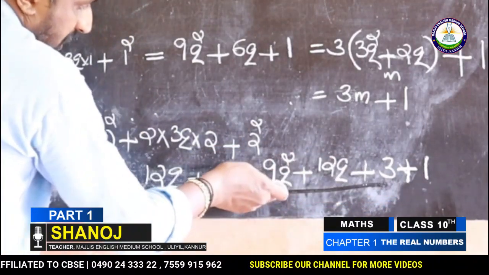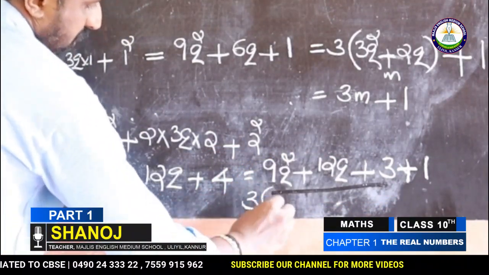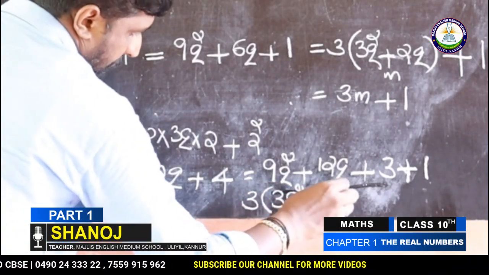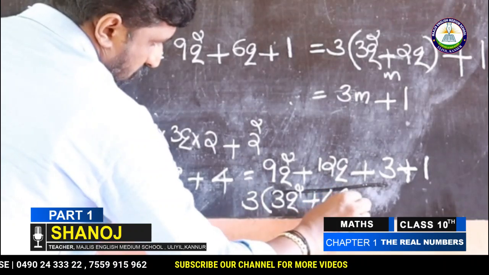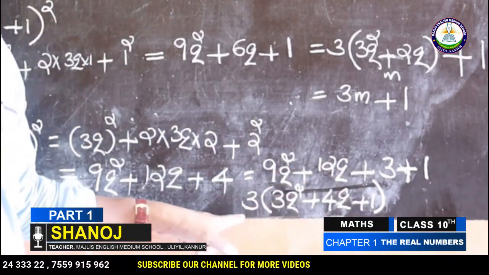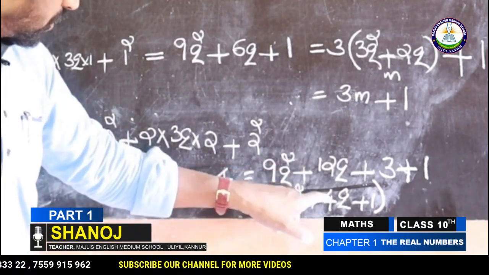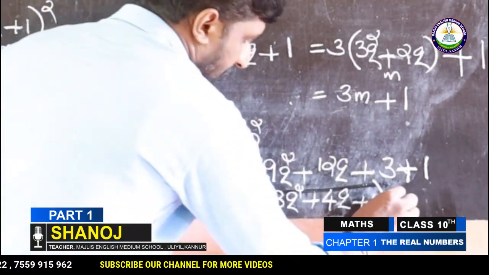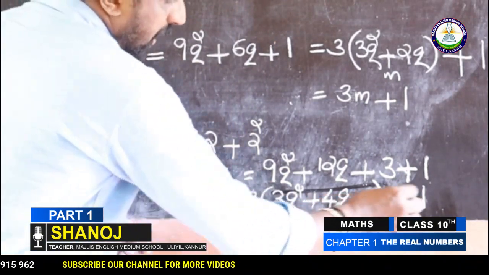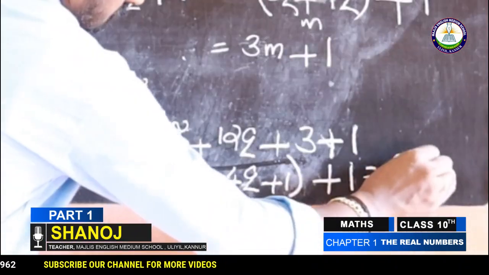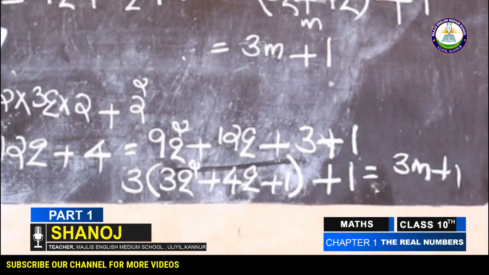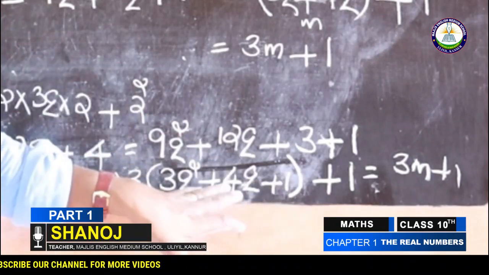From these 3 terms we can take 3 outside, 3 into 3Q square plus 4Q plus 1, close the brackets. 3 into 3 is 9, 3 into 4 is 12, 3 into 1 is 3, like this, plus 1 is remaining. Again we can take this bracket simply as another variable m, therefore it becomes 3 into m plus 1, that is 3m plus 1.